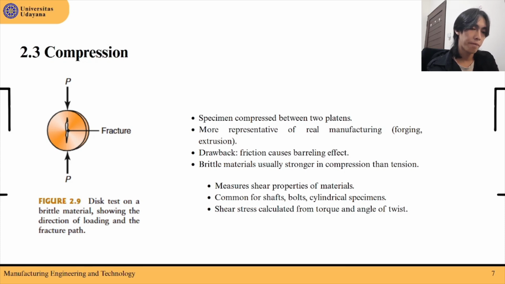However, friction between the specimen and the platens causes barreling, which affects accuracy. Brittle materials often perform better in compression than in tension.